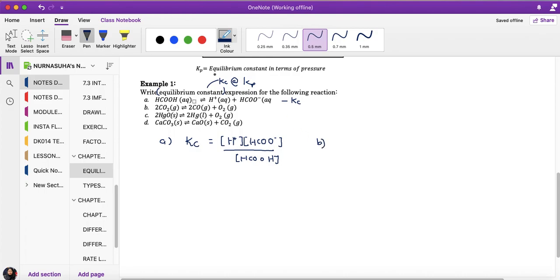The second one, B. B is in the gaseous state. For gas, we can write two expressions, either in terms of concentration or in terms of partial pressure.